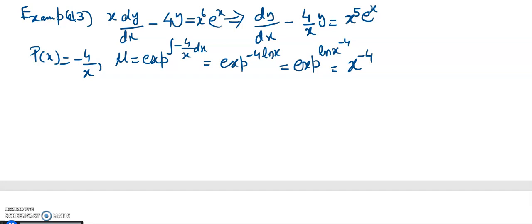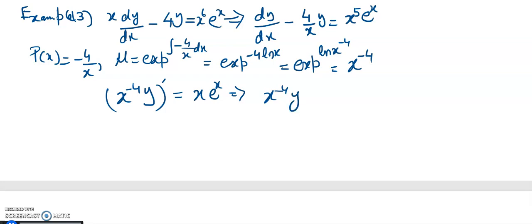So now this equation will become x power minus 4 times y prime equal to x power 4 into x power 5, that will be x e power x. The left hand side will be x power minus 4 y, and on the right hand side we will do the integration by parts.